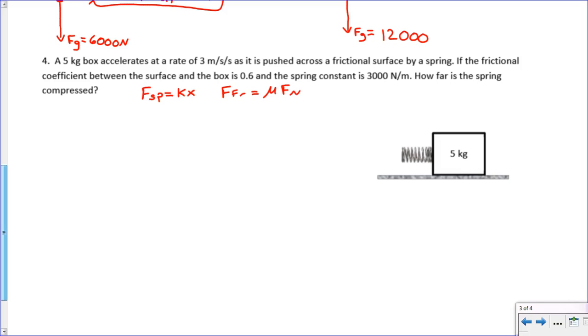Now we think about this box. It's being pushed by a spring off to the right, presumably, and there's a friction force resisting its motion.